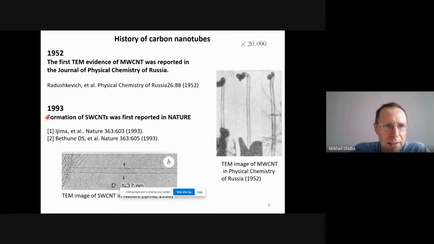And only in 1993, single-wall carbon nanotubes were first reported in Nature, and after that, these nanoparticles became a very popular object of investigation.